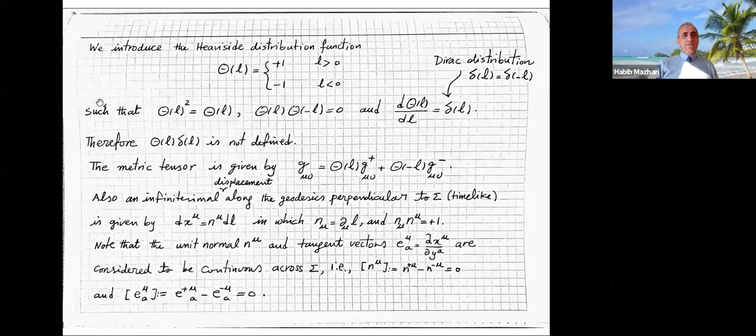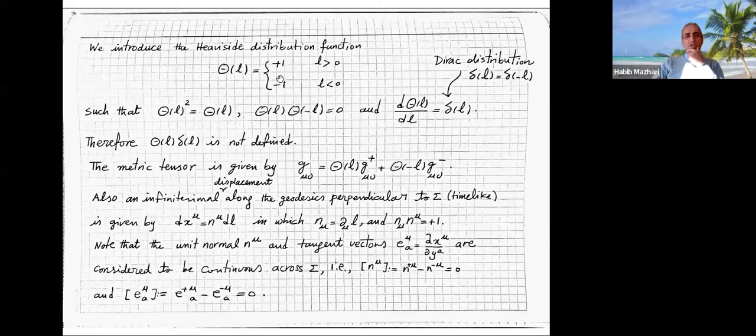Okay, to continue mathematically, we use distribution theory. There is a small typo here. We start from the Heaviside distribution function, theta(l), where l is the one I already introduced. It equals +1 when l is positive, and 0 when l is negative.